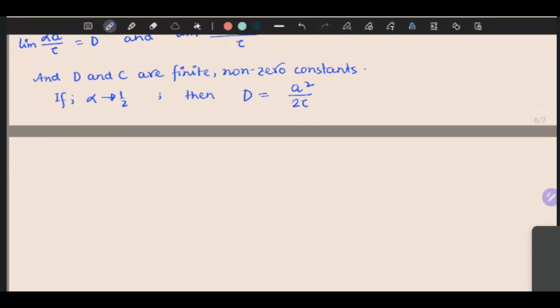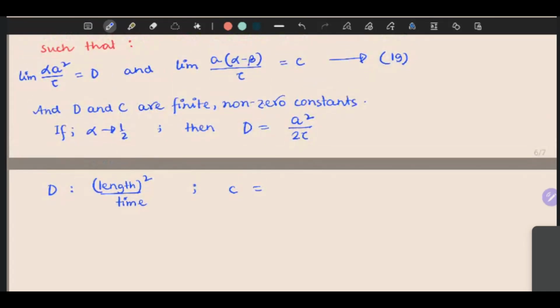Now d's physical significance is length squared by time, and c becomes length by time. Physical significance.